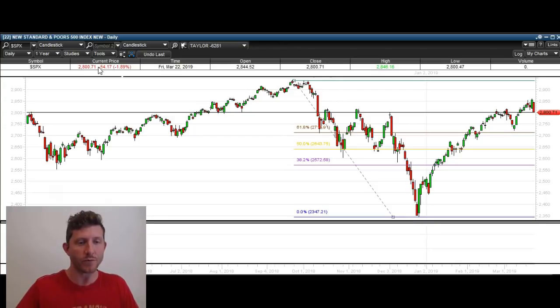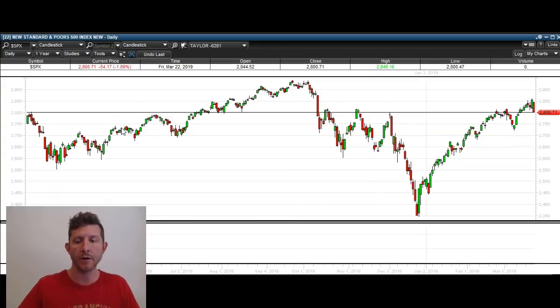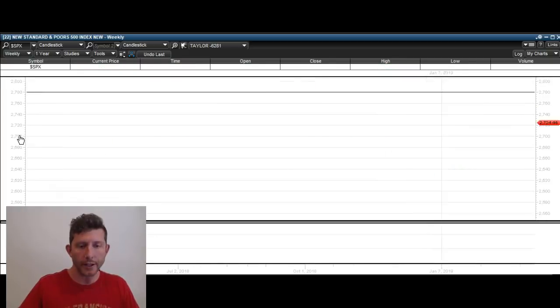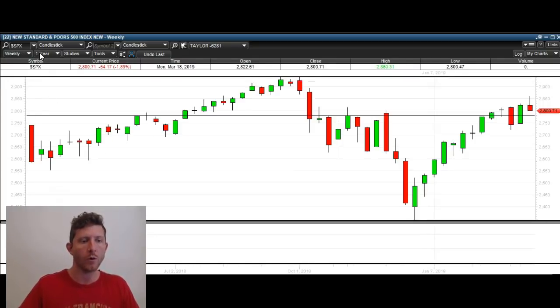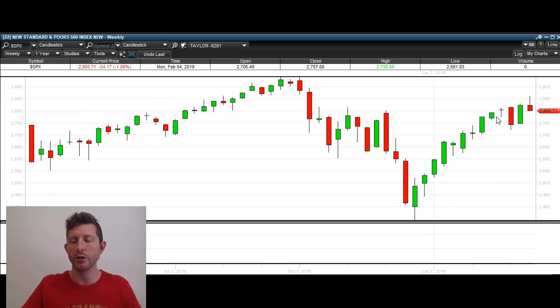So I'm going to delete that level here, and I want to show you the weekly chart, and just show you the action that we've seen here on the S&P 500. This big move up, all these green candles.